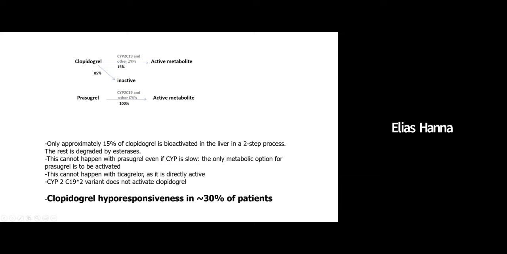So depending on the patient's gene variant of CYP2C19, if he has a heterozygote or worse, homozygote mutant of the CYP2C19 that makes it less active or inactive, clopidogrel will be diverted fully into basically trash. So it will not go into an active metabolite. And this explains why clopidogrel is not a very potent antiplatelet agent, and two, why there is a lot of variability in the potency of clopidogrel.